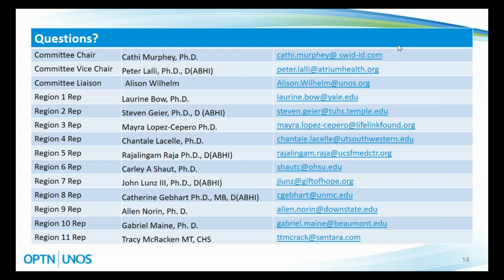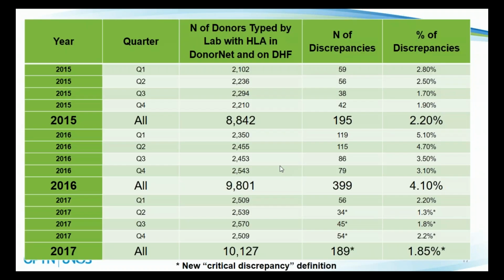Oh, yes, we know. We've been tracking these errors since 2015. That's one of the tasks that we are assigned by the board. By quarter, we have broken down the error rate. Originally, the error rate for 2015 looks pretty high at 2.2%, and even higher in 2016. But these errors were categorized by anything that didn't match between two different sets of typings.